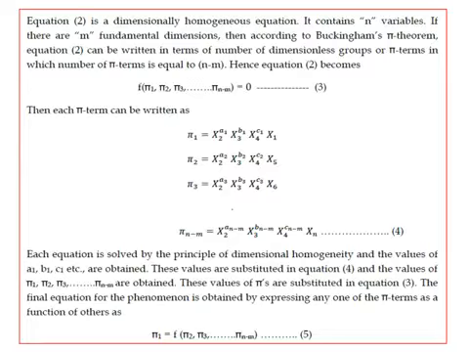So we work out each of the pi terms and then substitute in this equation. Each equation is solved by the principle of dimensional homogeneity, and the values of a1, b1, c1 or a2, b2, c2 are obtained and substituted again in the pi 1, pi 2 terms and so on.